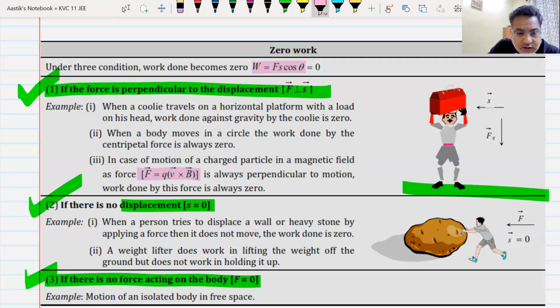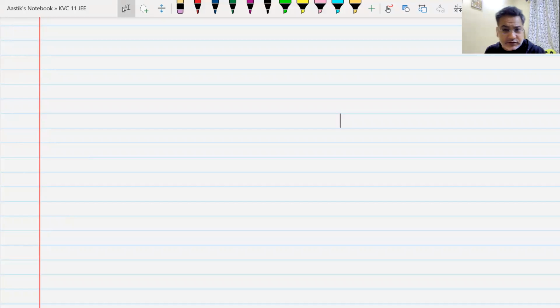Okay. Now, sometimes what is going to happen is more than one force is going to act on the body. We'll be encountering questions where not one but more than one force will be acting on a body.